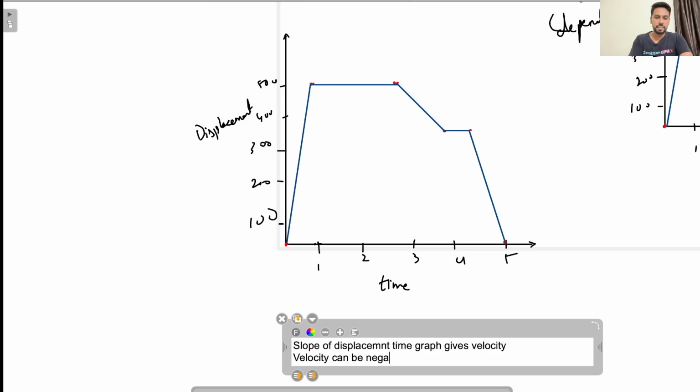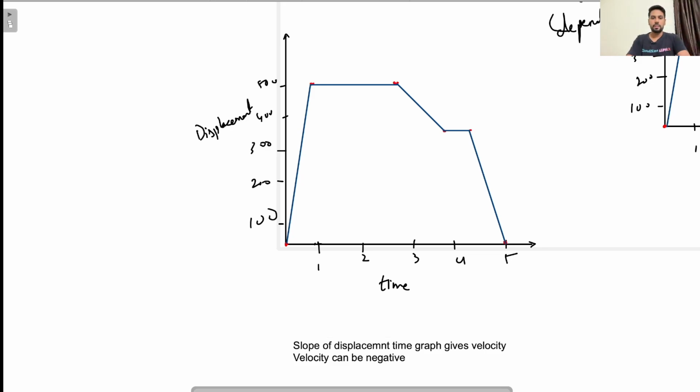Look here, this is an upward facing slope. Velocity is positive, then velocity is 0. From here the downward facing slope starts. Why? Velocity is negative now because he is going in the reverse direction. Remember, velocity negative means the object is traveling in the reverse direction.